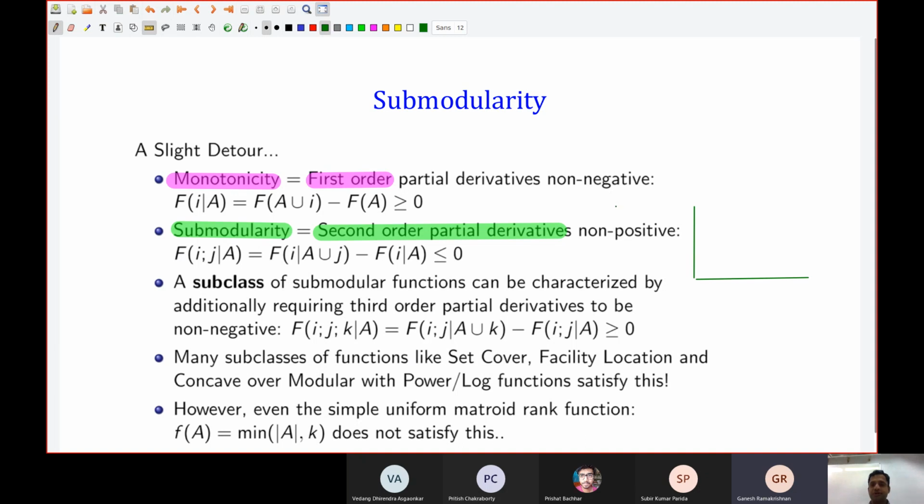But here it is non-positive, so it's concavity, right? Concave functions have non-positive second order partial derivatives, or a non-positive definite Hessian.